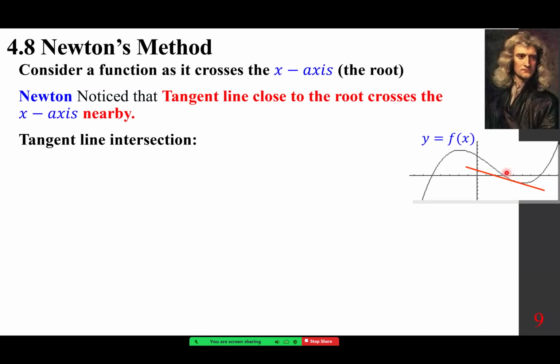So we are going to use the good old point slope, y minus y1 equals m times x minus x of 1.